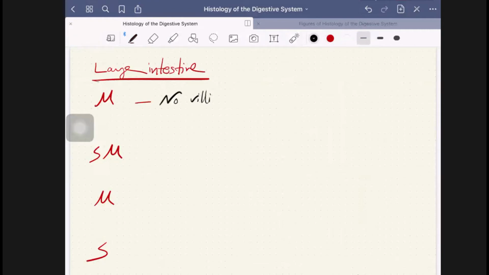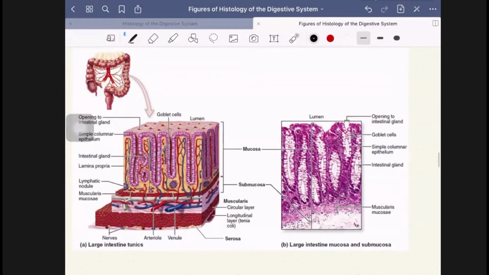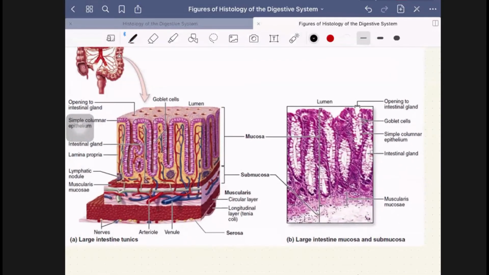So in the small intestine, the intestinal glands, or the crypts of Lieberkühn, have only a few goblet cells. But if you see here, these whitish cells, this white structure, all these things are goblet cells, because we have learned that the function of the goblet cell is to secrete mucus.